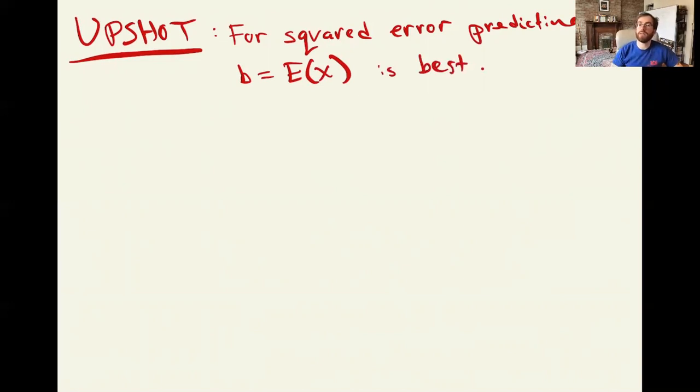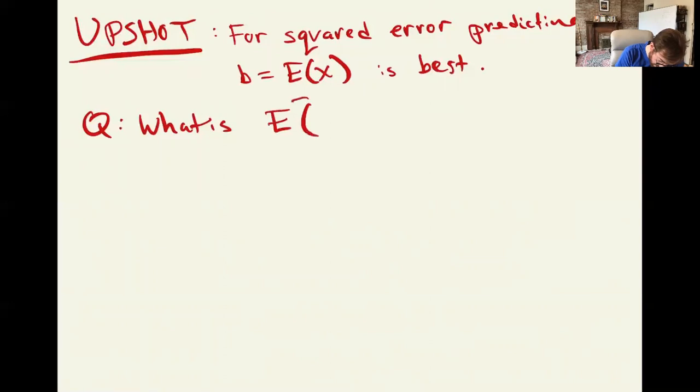But that just tells you what's best. It still doesn't tell you what you can expect your losses to be, even when you choose the best possible value. So here's a natural question. What is our expected loss, which is going to be x minus our mean, squared?